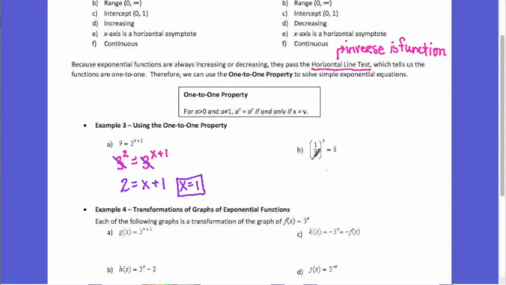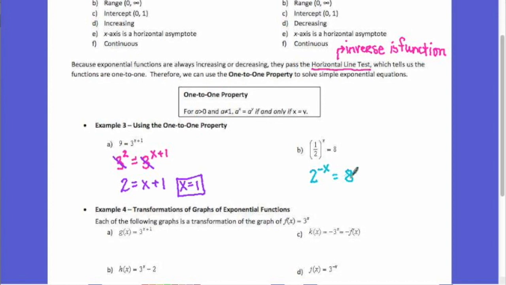Try again over here with this one. Going back to that negative exponent thing, I don't want a fraction for the base if I can help it. So instead of 1/2 to the positive x, let's make it 2 to the negative x. It makes it a little easier to work with. So we have 2 to the negative x equals 8. Now, can I turn that 8 into a base of 2 also?